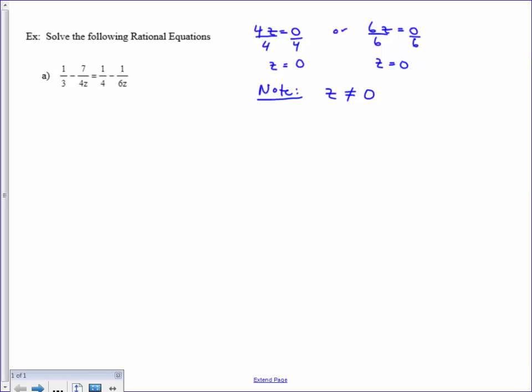Now that we've determined that, we need to find the LCD for the equation. The LCD, or least common denominator, is the smallest value that each one of the denominators will go into. What I do here is I separate and I think about my numbers first and then my variables.